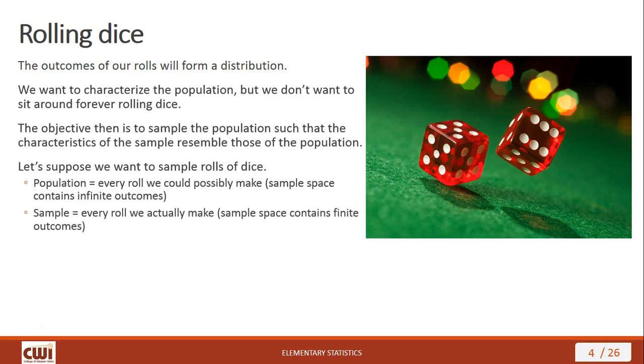However, a sample of dice rolls would be every roll that we actually make. This is a sample space that contains a finite number of outcomes. And this is much more manageable because we can control the number of times that we're rolling the dice, and we can see how many times that we actually need to roll it in order to get sample statistics that are good predictors of the population parameters.